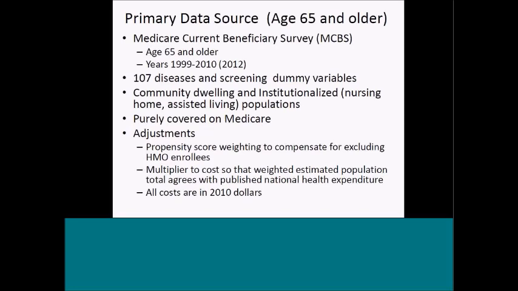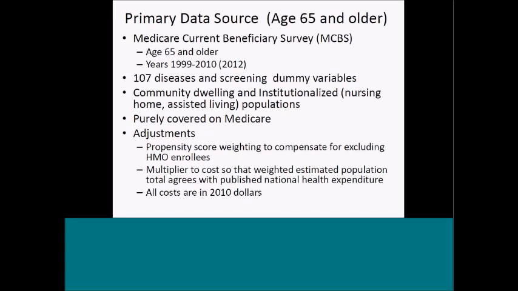So if they were getting care from HMOs, they were not included in the database. Over time, I think about 25% of the enrollees are getting care through HMOs, so we don't have the data from them.